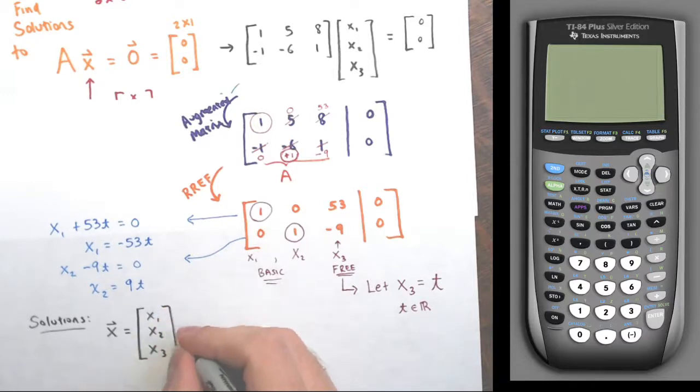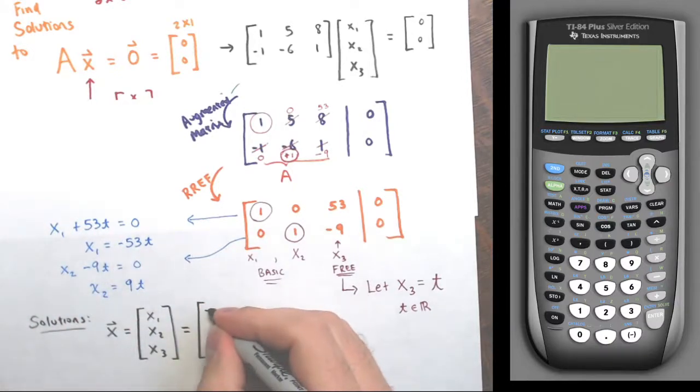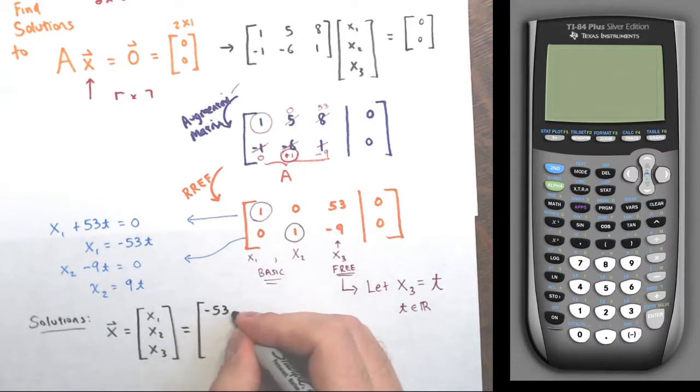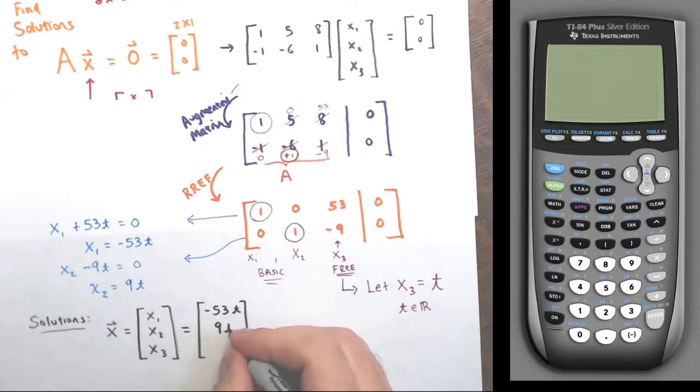But there's a certain form they take, right? Like I said, x1 is -53 multiplied by this choice of t. x2 is 9 times the choice of t. And x3 is whatever I choose for t.